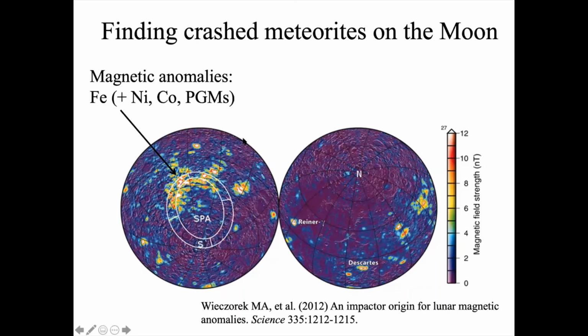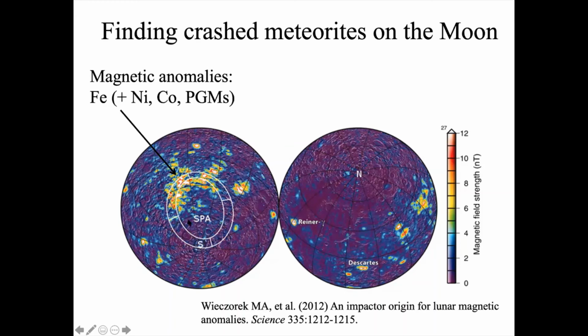So how might we find them? For metallic asteroids, there's already an argument that many of the magnetic anomalies that have been discovered on the moon are from them. This is a lunar magnetic anomaly map, where the high colors show the places where lunar magnetic anomalies occur. This is the far side on the left and the near side on the right.